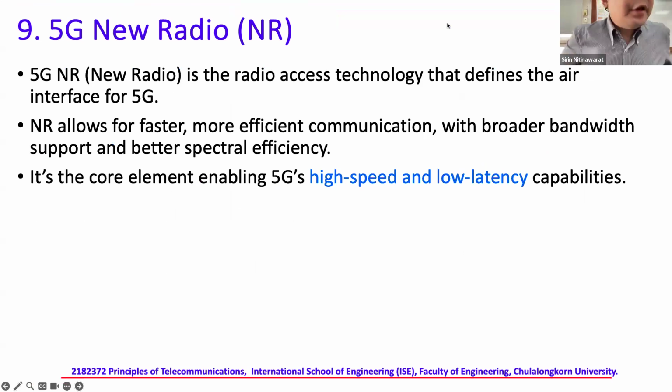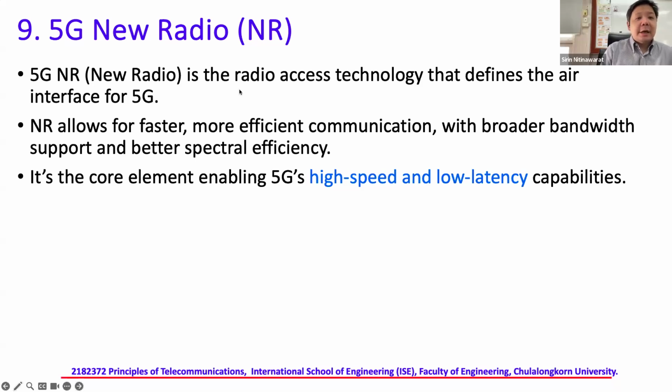Okay, all the use of these different spectrums integrated into the 5G is called the 5G new radio, right? Because the radio will be different from the one that is used for 4G.